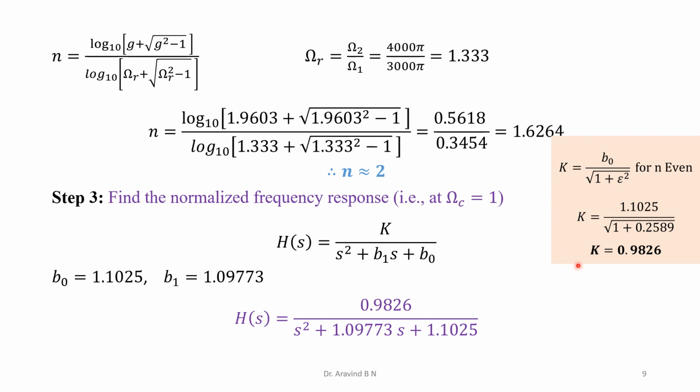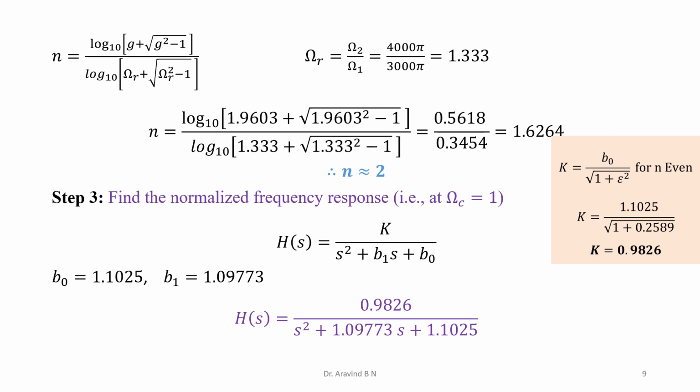K for even order is represented by b0 divided by 1 plus epsilon square. Epsilon square is known, b0 is obtained from the lookup table, substitute and we obtain K is equal to 0.9826. So we have obtained the final H of s for the normalized filter.